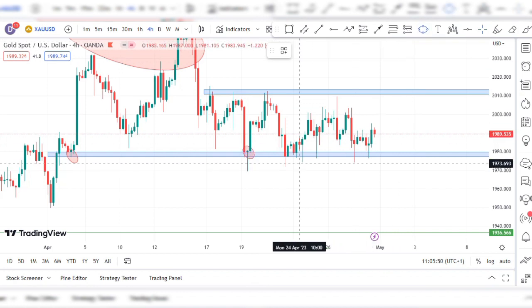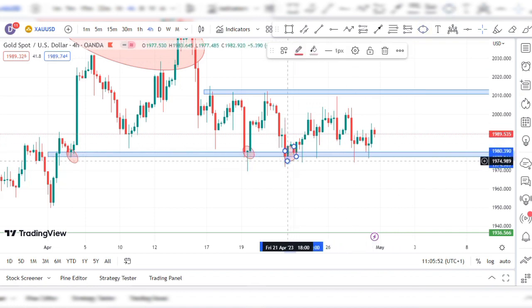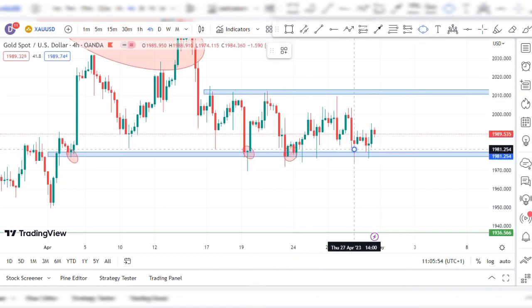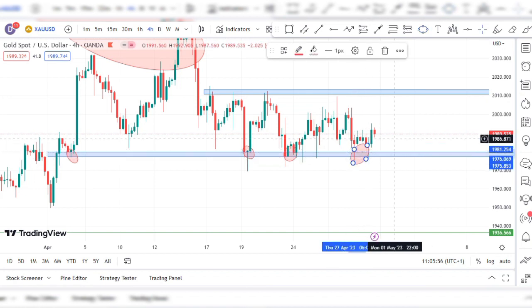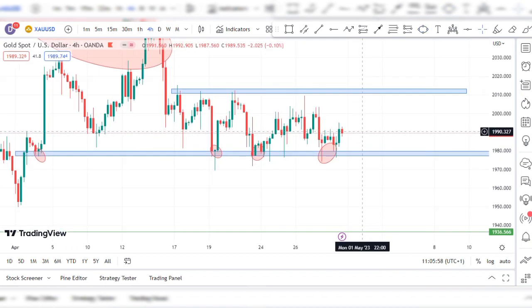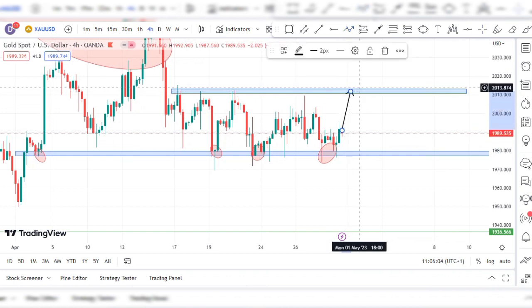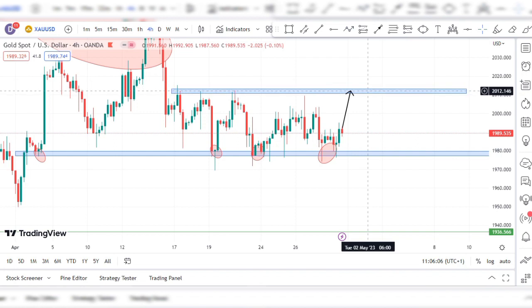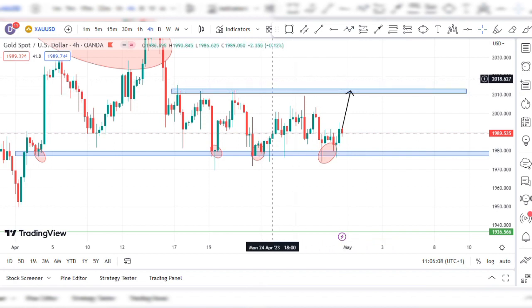It rejects to the upside, and it's done that about 4 or 5 times now. And what's happening now is price possibly going again to retest this resistance area there. That's around the 2011 area.